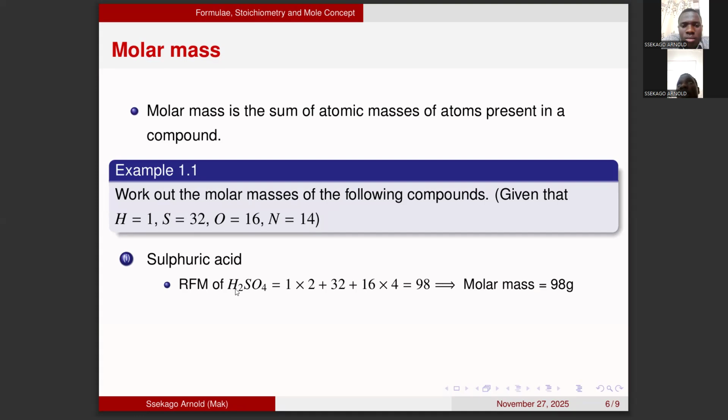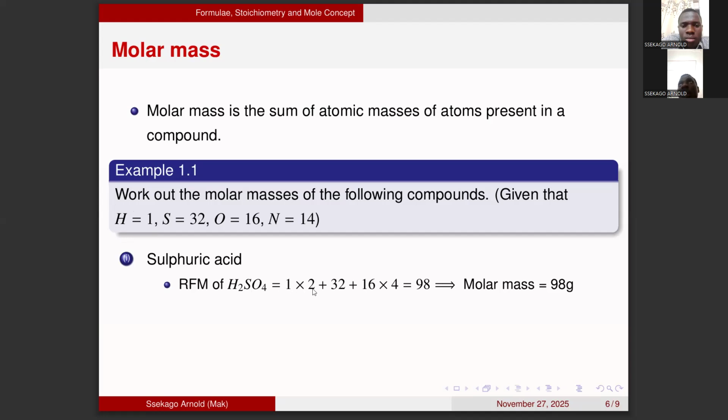So the RFM of sulfuric acid, H2SO4: within it we have 2 atoms of hydrogen, and each atom of hydrogen, H equals 1. Hope you see this information in the bracket.